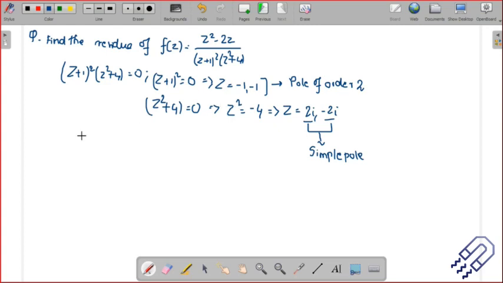You are going to get one for minus 1, r1, and then a residue r2, which is for 2i, and then another residue r3, which is for minus 2i. Okay, try doing this, check the formula, and that's it. If you have already taken a screenshot of this or already written this, I will just go back to the first slide, and there you can check.